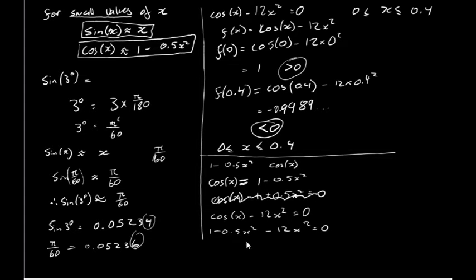And then solving for x, we find that x squared is about 2 over 25. So as an estimate, x is plus or minus 0.2828. So the root for which x is positive is 0.2828 to 4 decimal places.